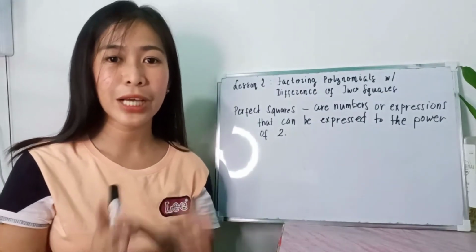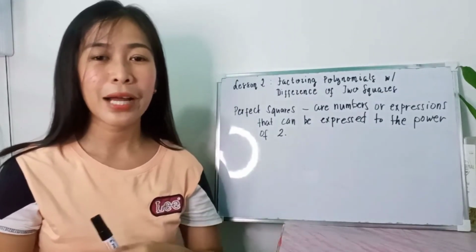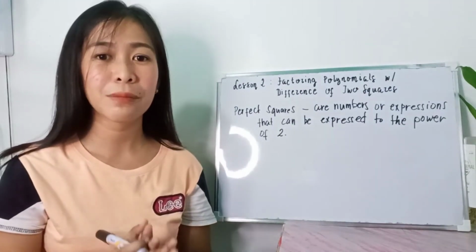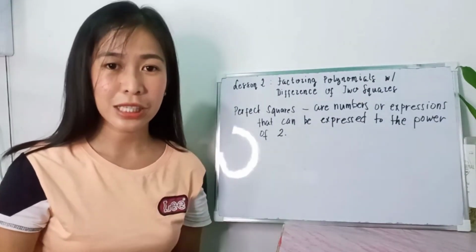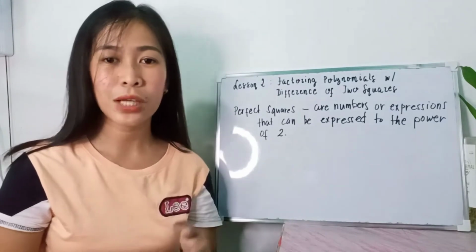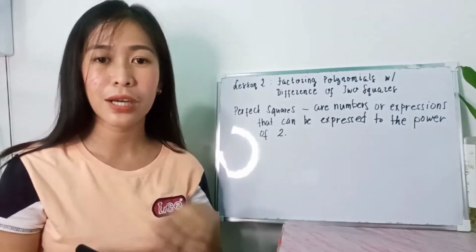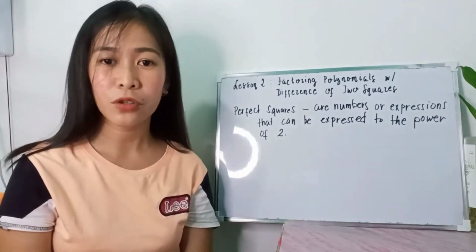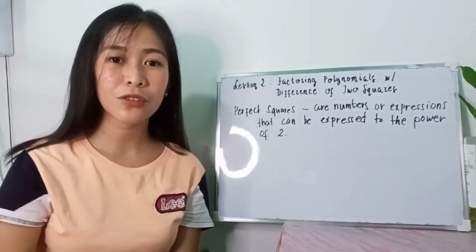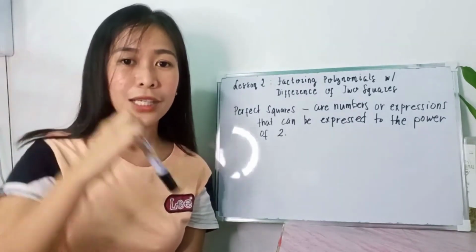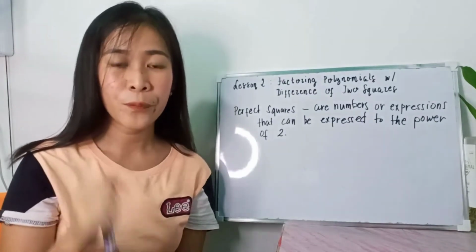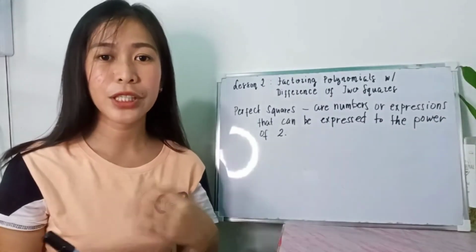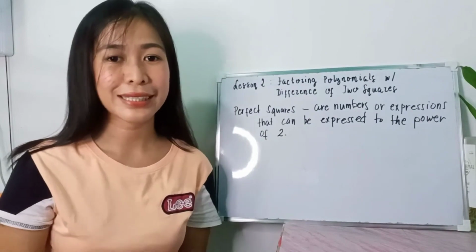Okay, so may nauna pong lesson, balikan nyo muna yon para mas maintindihan nyo kung ano ba yung ibig sabihin ng factor kasi diniscuss ko siya doon and diniscuss ko nga doon yung kung anong ibig sabihin ng greatest common monomial factor and how are you going to factor polynomials. Okay, so iiwan ko na lang dito sa taas or ilalagay ko sa description box below ang link ng video na in-upload ko the last time.